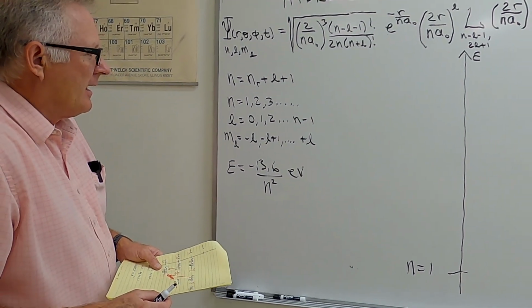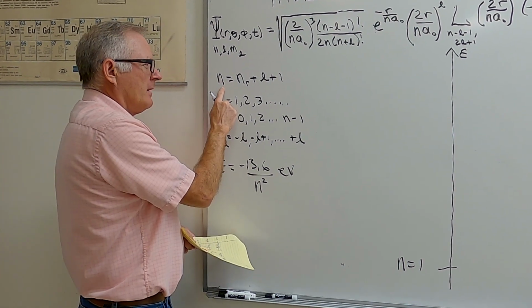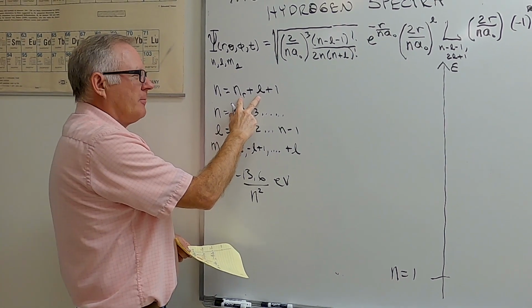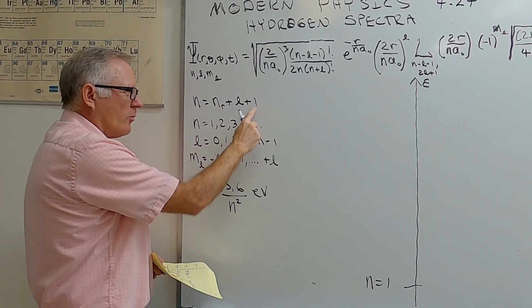Now, when n is equal to 1, that means both of these two have to be 0, because n is equal to the sum of these three numbers, and we already have our 1 there.